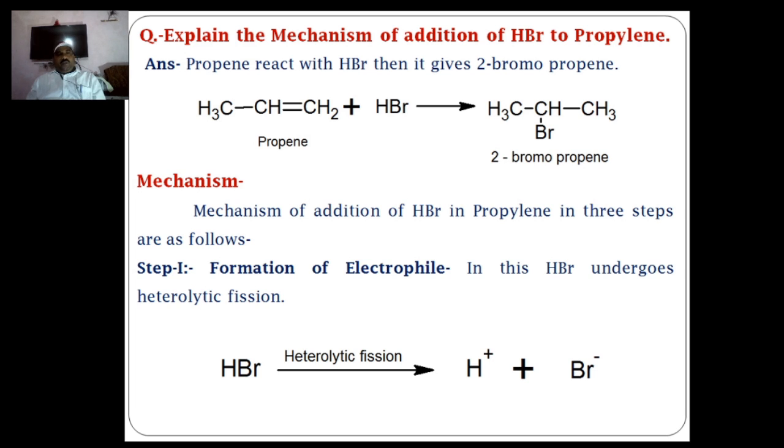Here HBr undergoes heterolytic bond fission, so it gives H positive and Br negative. H positive acts as the electrophile while Br negative acts as the nucleophile. So this step is known as the formation of electrophile.